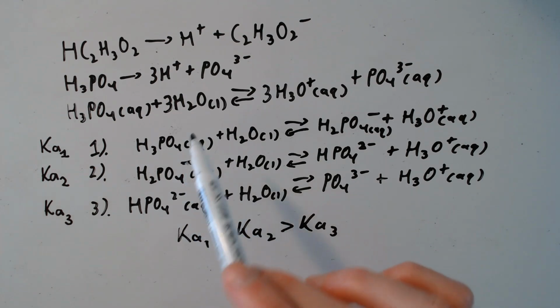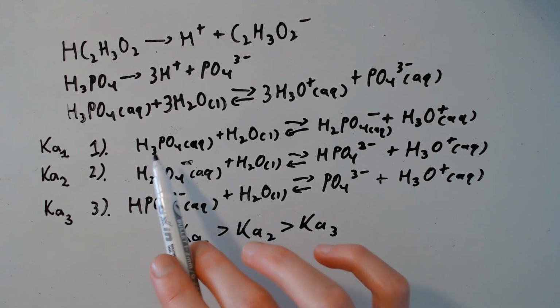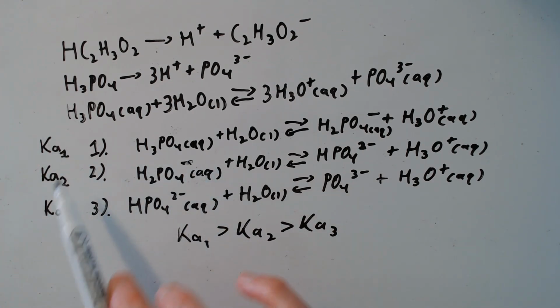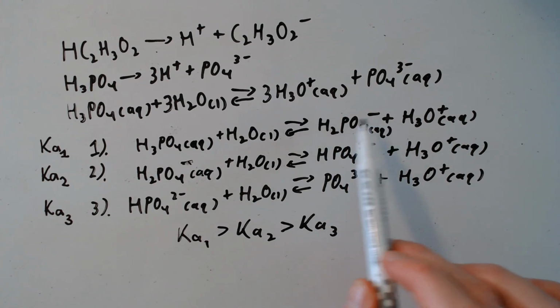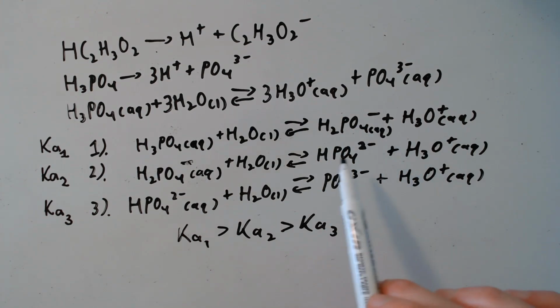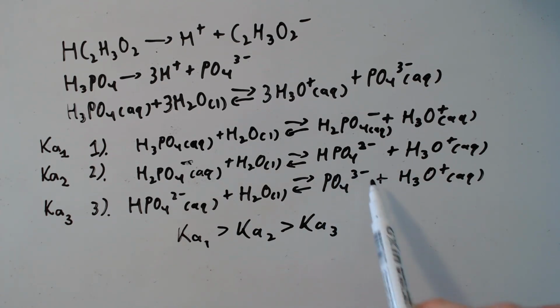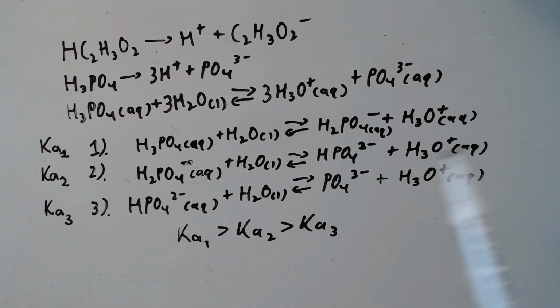It's going to be one of the highest concentrations of substances in the solution. Furthermore, since the Ka1 for this H2PO4- is the highest out of these Ka's, the H2PO4- concentration is also going to be fairly high compared to, let's say, the HPO4 2- concentration and the PO4 3- concentration, since more of it gets produced because of a higher Ka.